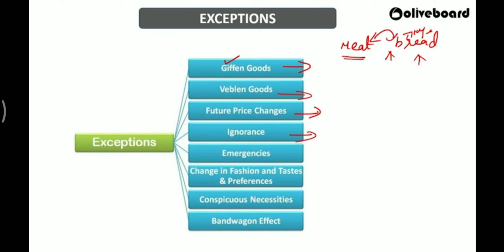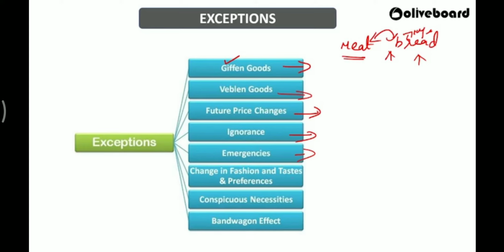Ignorance means I don't know anything, I am an irrational consumer. In that case, the law of demand obviously will fail. And in emergency also, we will not think about it. In case of emergency, we'll say don't think about the price, man, just finish it off. Why? Because it is an emergency now. I want to finish it off, I don't want to hold it. Whatever the price be, finish it off. So in case of emergencies, your law of demand will fail.